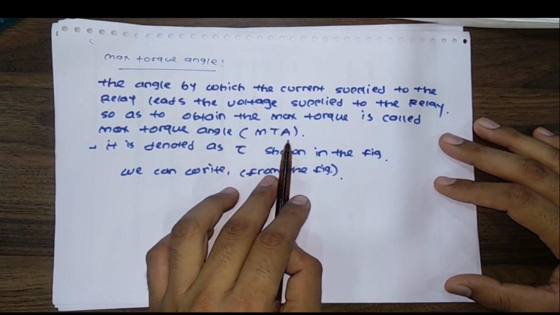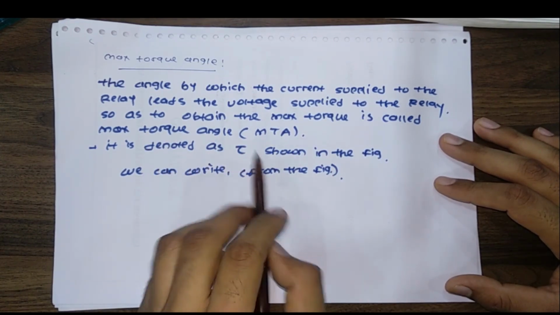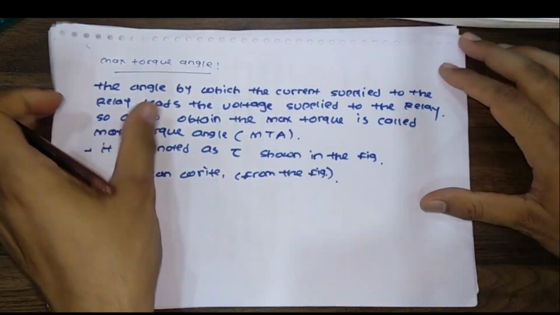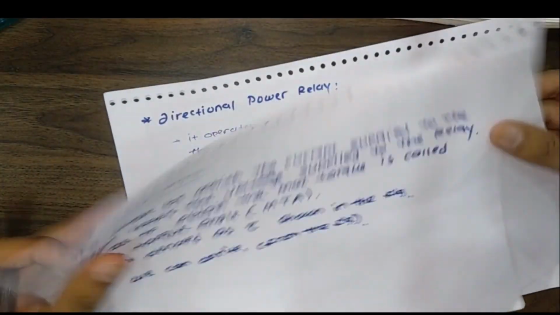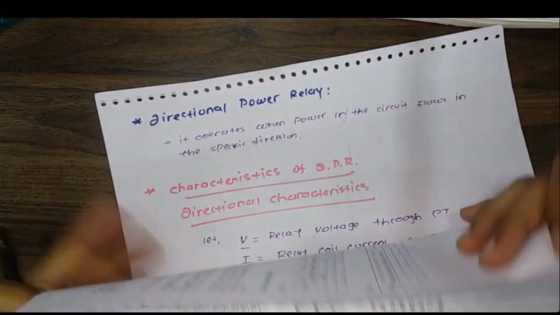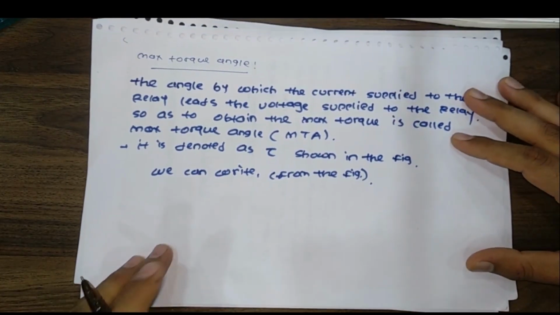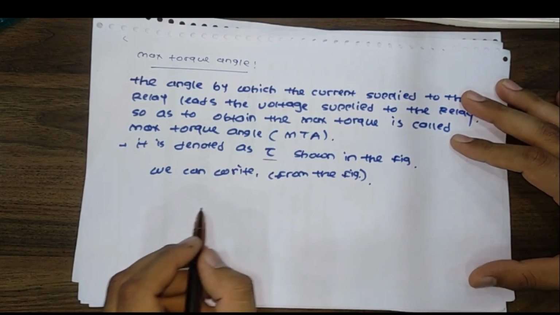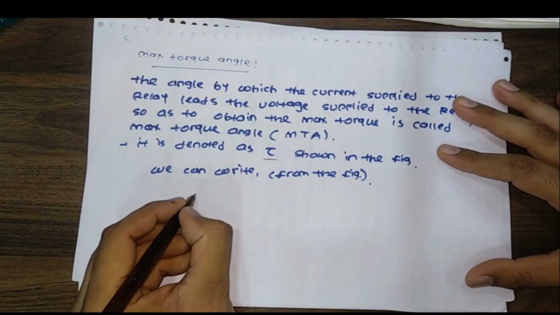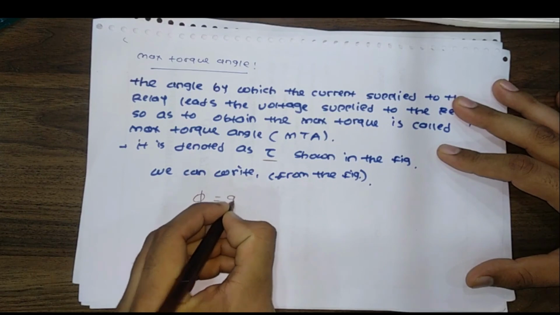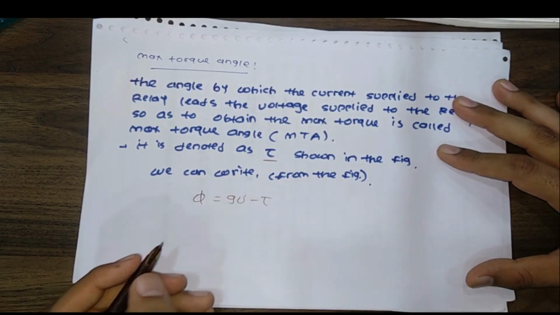It is noted as tau, as shown in the figure. We can write from the figure that phi is equal to 90 minus tau.